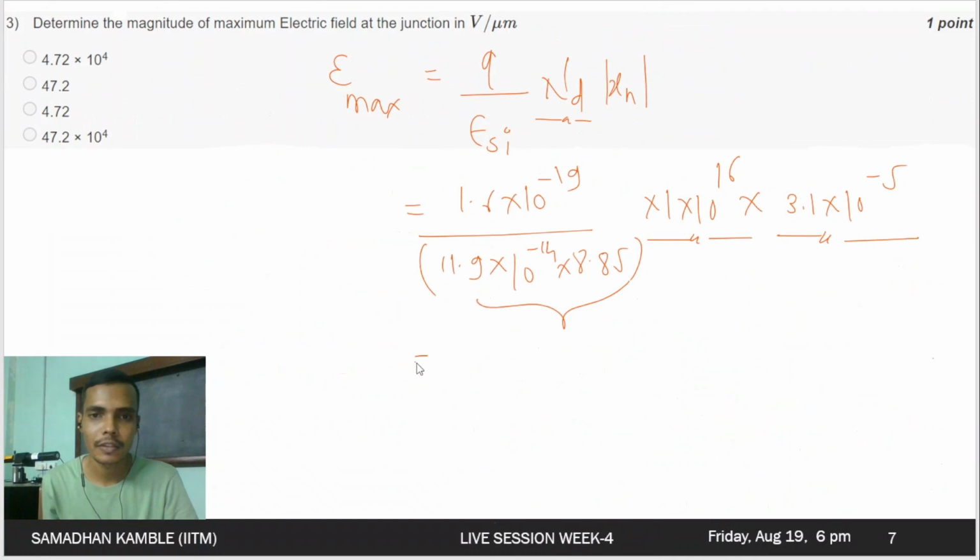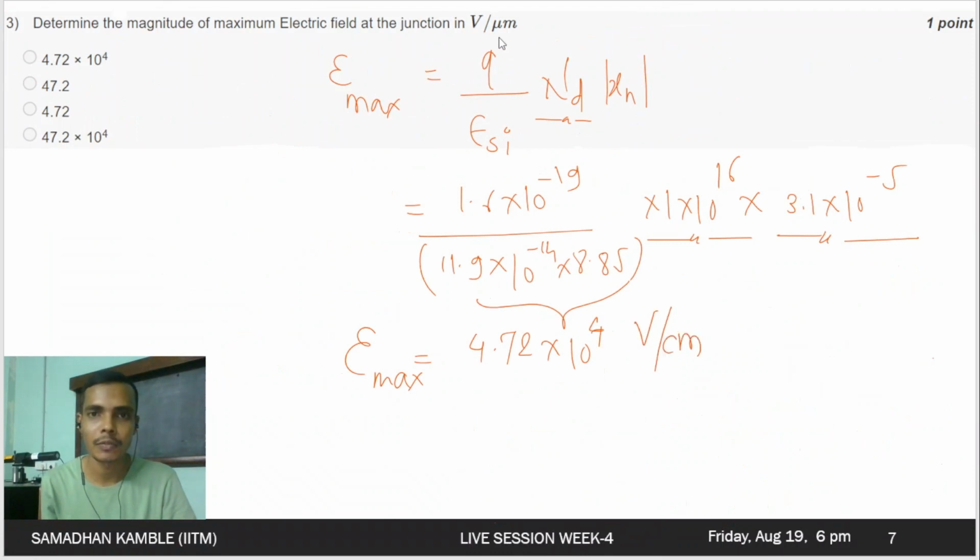So if you just calculate this equation, you will get the value of the maximum electric field generated as 4.72 times 10 to the power plus 4 volt per centimeter.